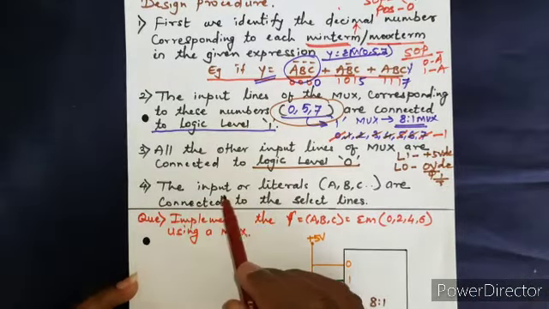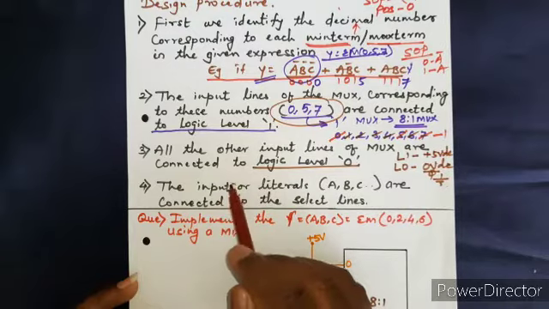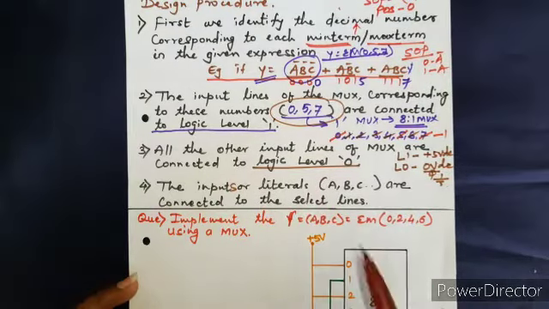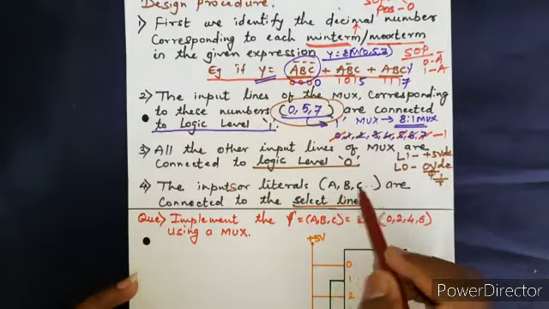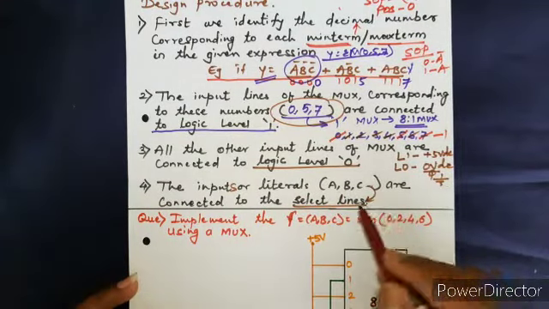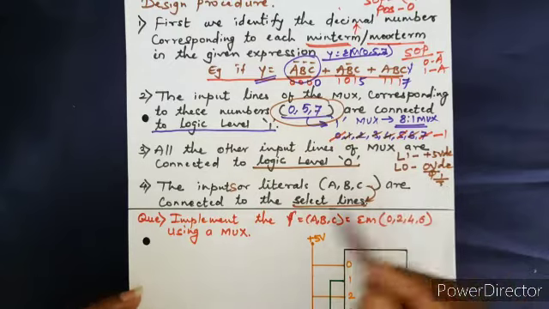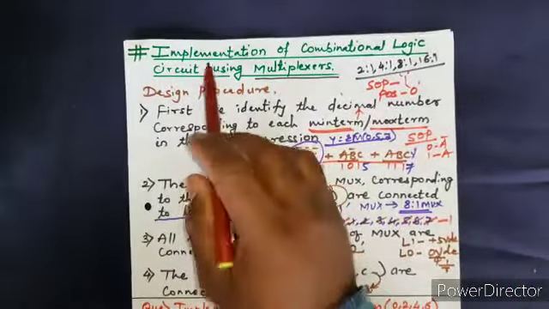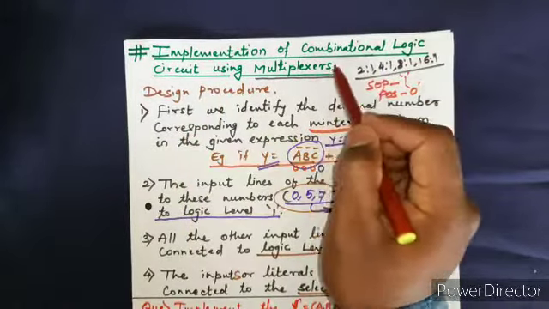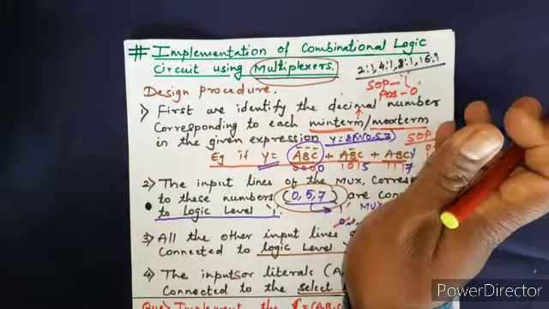Then the inputs or literals are connected to select lines. So these inputs A, B, C are considered as select lines. These are the 4 steps required to implement a combinational logic circuit using a multiplexer.